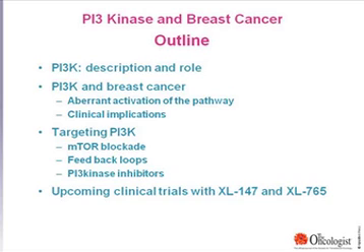So what I'd like to do today is present a little bit of the concept of this pathway, its role, what it does, then go on and review the data on PI3 kinase and breast cancer, how frequently PI3 kinase is aberrant in breast cancer, and what are the potential clinical implications of this.